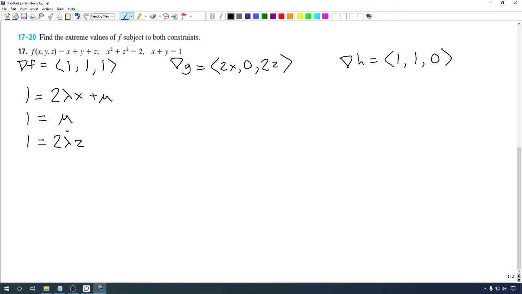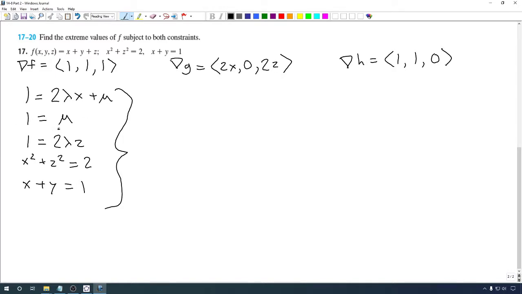So we have three equations so far with 5 different variables. Of course, we do have our two constraints that we need to put in here. We have x squared plus z squared equals 2, and we have x plus y is equal to 1. There's a system of 5 equations with 5 variables. Now, one thing that's very nice about this one right now, and we shouldn't expect this in general, we actually already identified what mu is equal to.